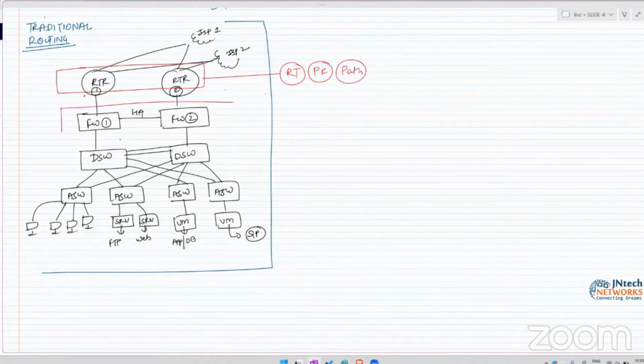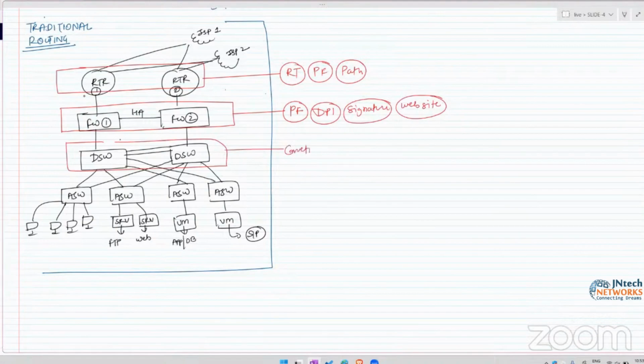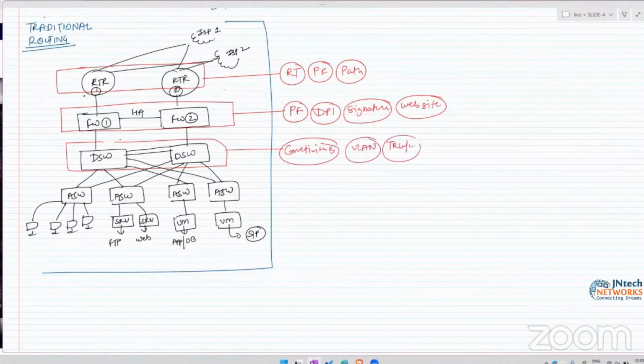Now, basically this firewall will do packet filtering, deep packet inspection, or signature verification, and you can block or unblock websites. Now, this distribution switch provides connectivity plus the VLAN concept, plus the trunk concept, plus bundling for EtherChannel, and this distribution switch also performs some routing.